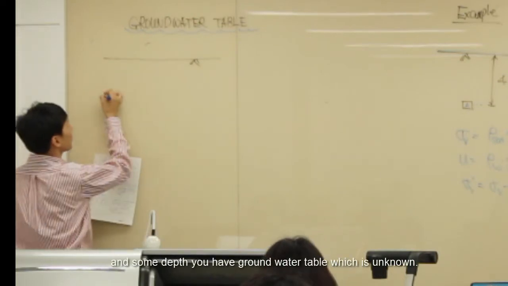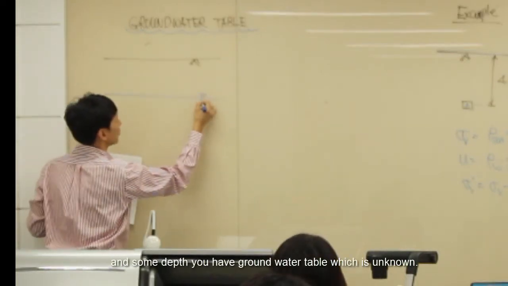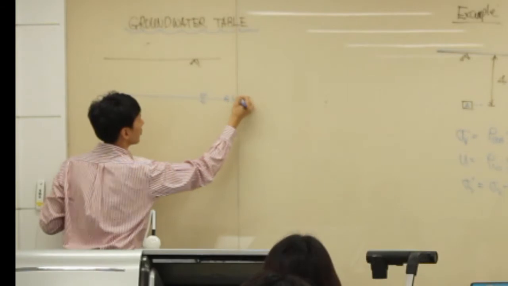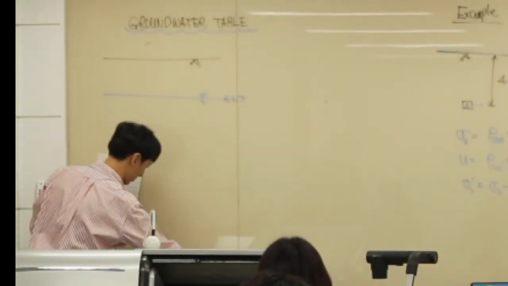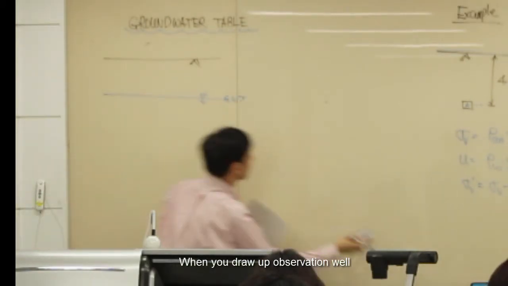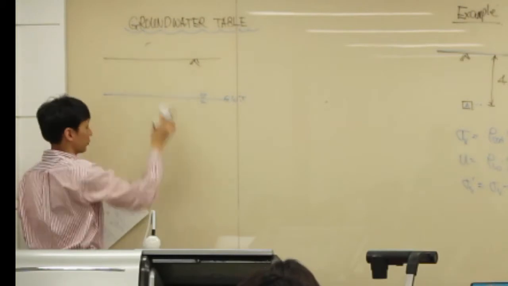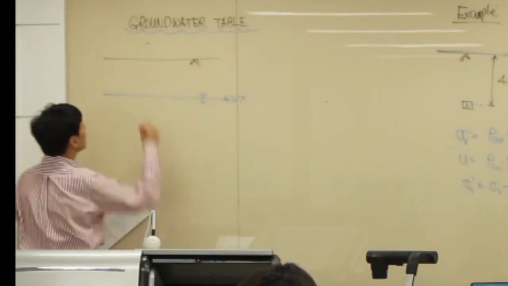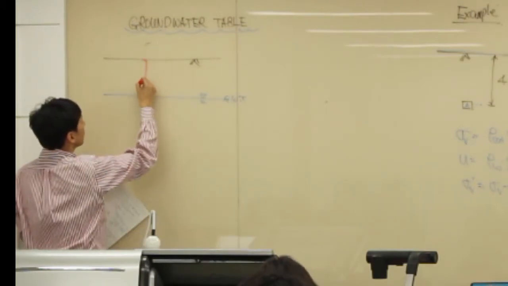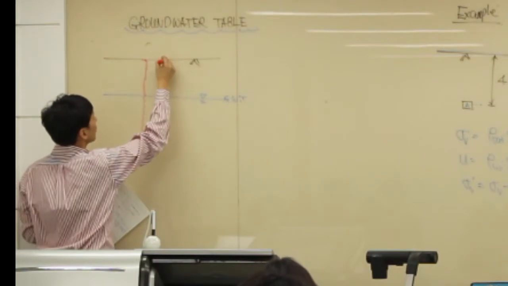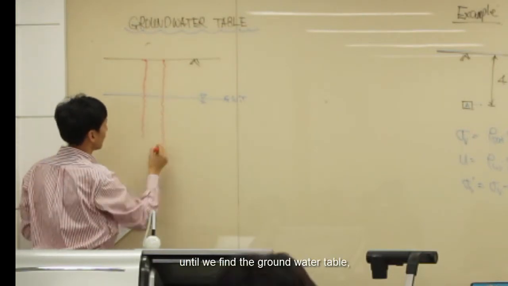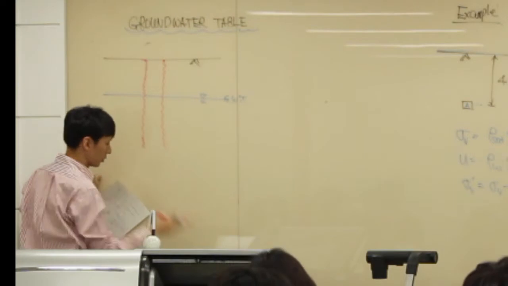At some depth, you have a groundwater table, which is unknown. We're going to drill an observation well until you find the groundwater table.